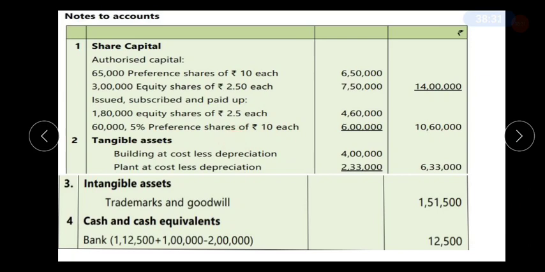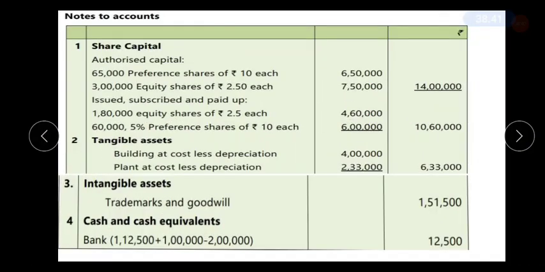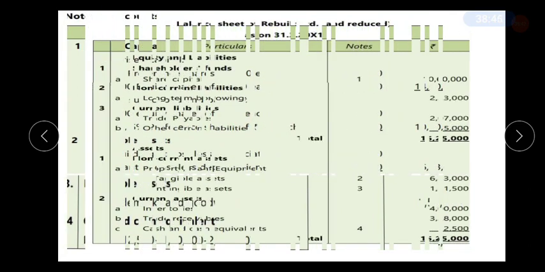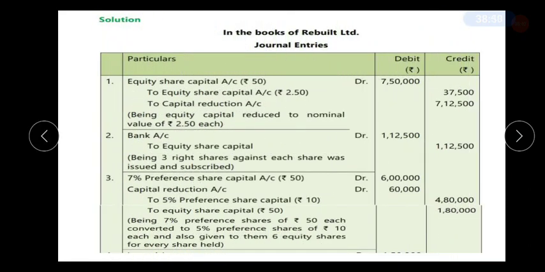So how do you get it? How did you get this 1,80,000 and 60,000? How did you get this number of equity shares? It is simple. Okay, what you need to do, you come to journal entries. Wherever equity shares are credited, take the total of that.